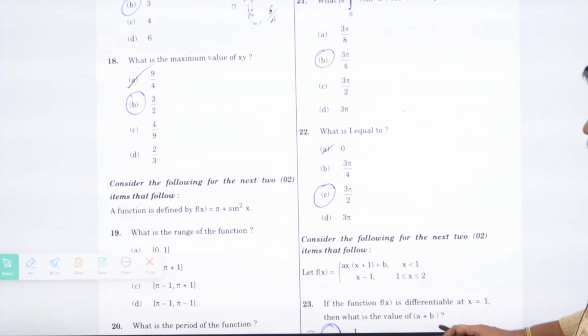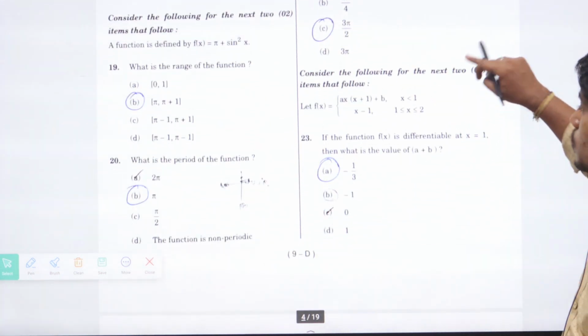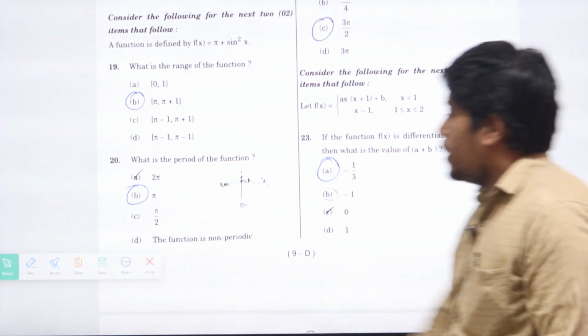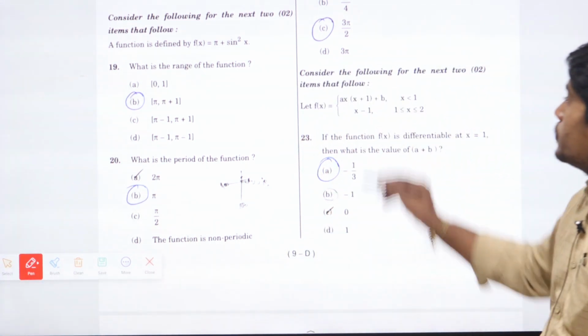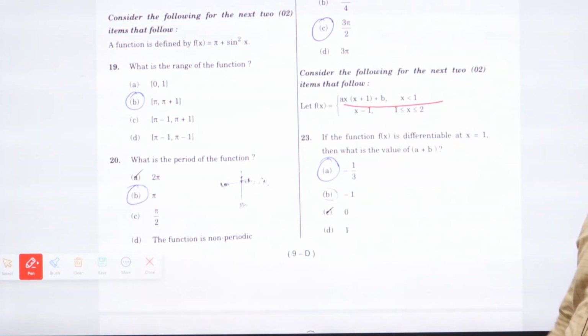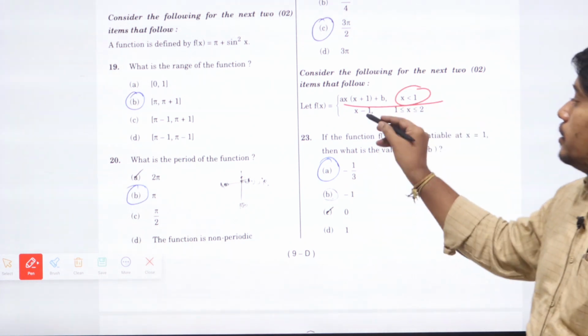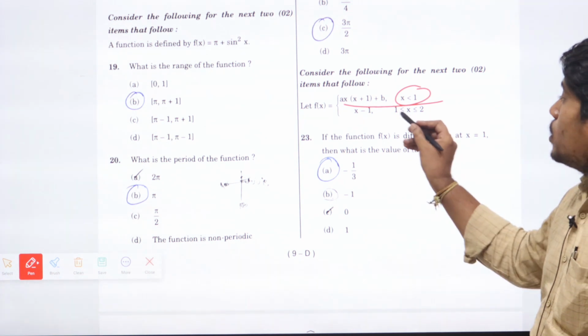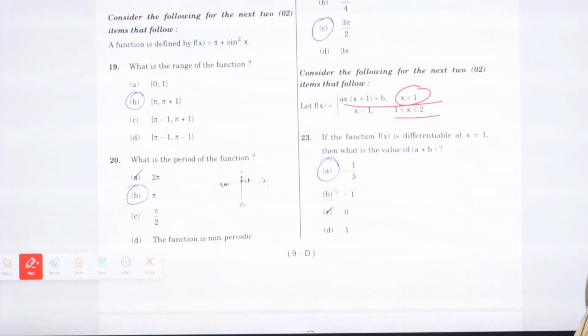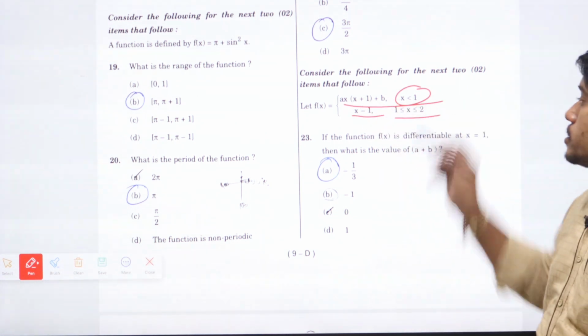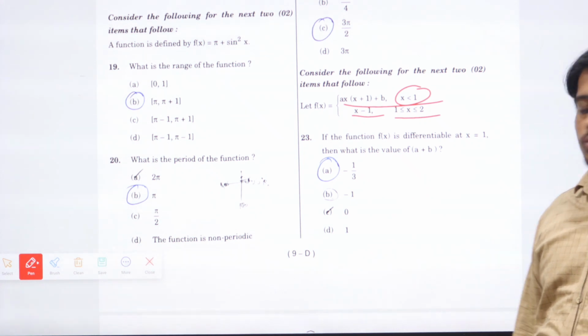Okay. So next, question number 23. Let f of x be equal to ax into x plus 1 plus b for x less than 1, and x minus 1 if 1 is less than or equal to x less than or equal to 2. So the second function covers 1 to 2, and the first function is for x less than 1.